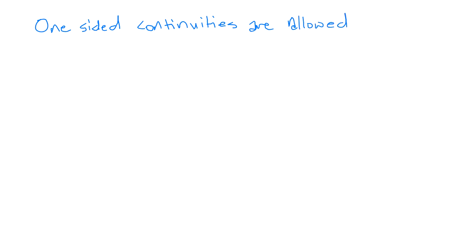So let's find what continuity on an interval is. Continuity on an interval is essentially sort of what we've been doing. Instead of looking at a full function, we're looking at part of a function. So essentially we're looking for a function to be continuous on an interval.